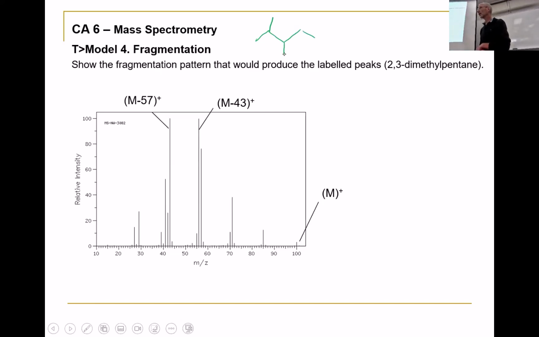And in this case, I'd like you to write two fragmentation patterns that would explain both of those cations. What's going on? How does this happen? Note again that what gets lost is an odd number fragment.